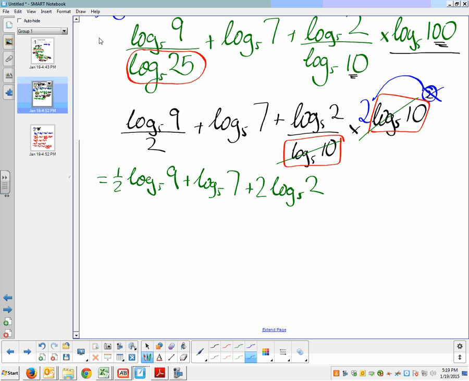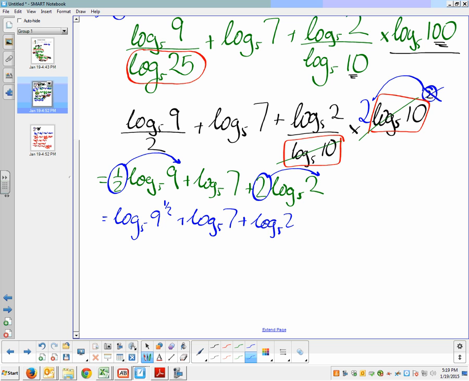Now, the last couple of times we've used our log law for bringing powers down, but now I want to put everything back into a single log. I'm going to do the opposite, and I'm going to take these powers up. So that becomes log of 9 to the half. And that becomes log of 2 squared.